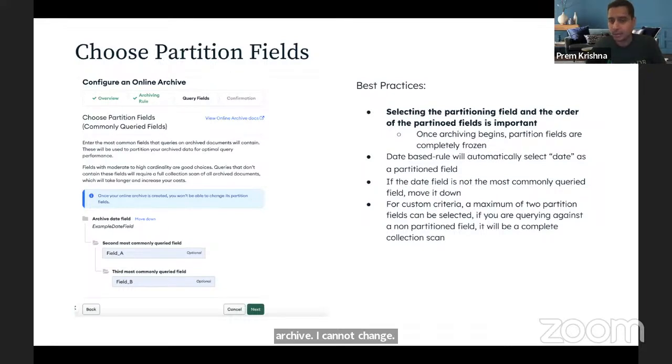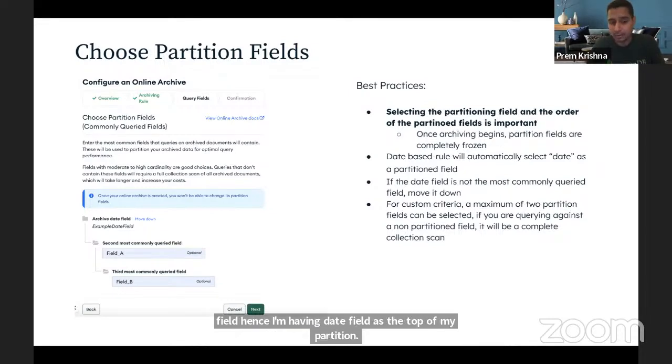It's important to note that the most queried field should be placed at the first layer of partitioning. I have an example date field, field A and field B, and I'm going with my assumption that I'm always going to be querying based on the date field. Hence, I'm having the date field at the top of my partition, at position number 1.